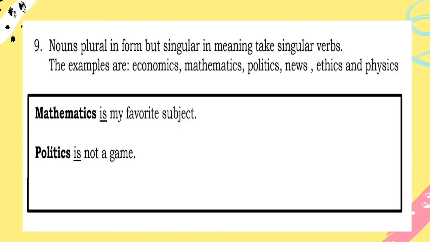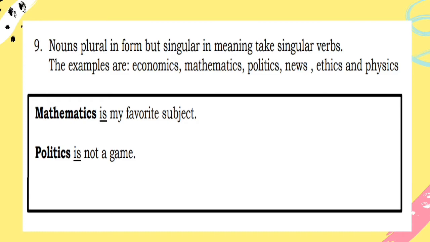Examples are economics, mathematics, politics, news, ethics, and physics. Because you cannot say economic, mathematic, politic, new, ethic, physic. That's so odd. So they are nouns in plural form but singular in meaning.